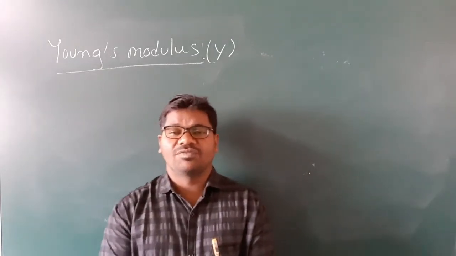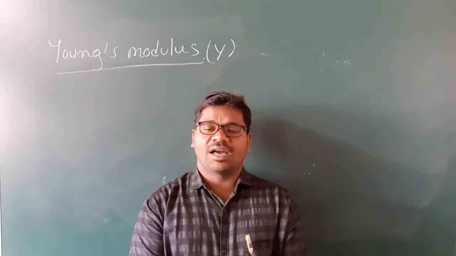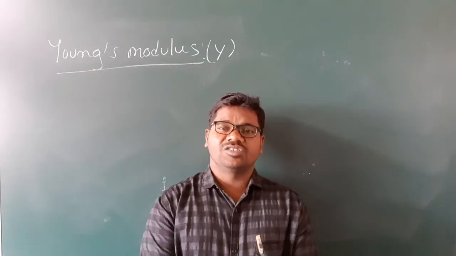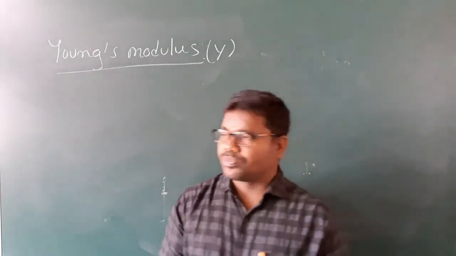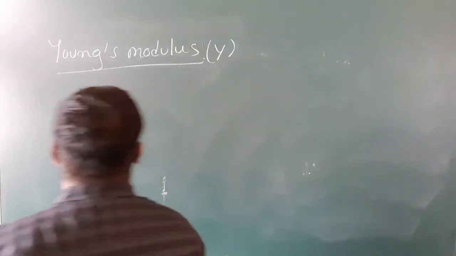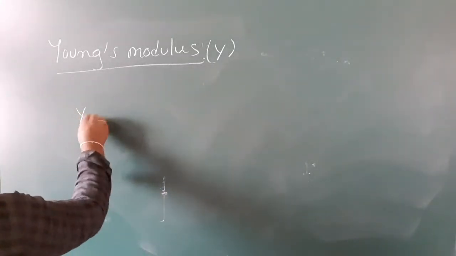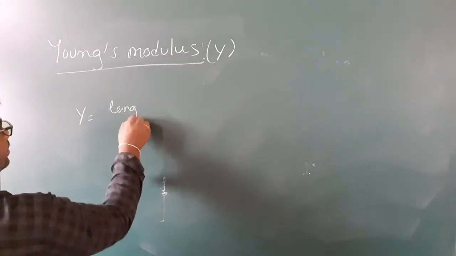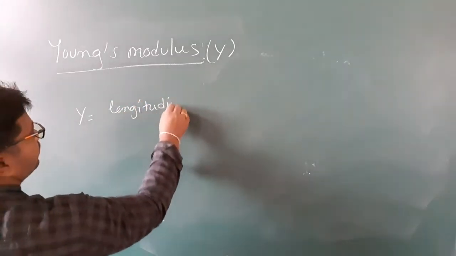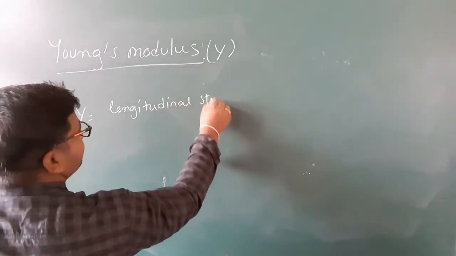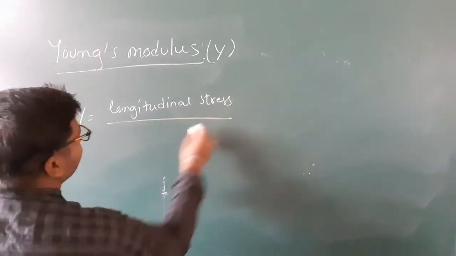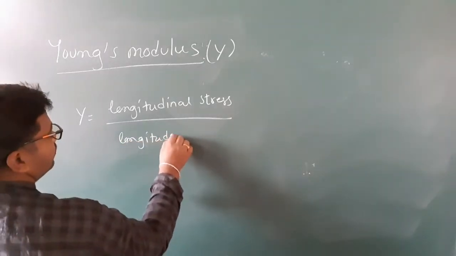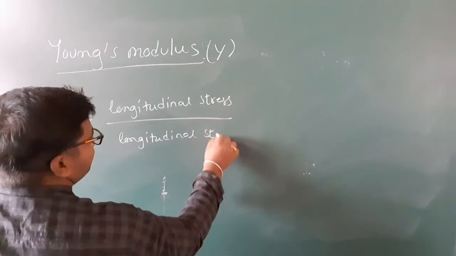Based on that, we find stress and strain. Already we recall longitudinal stress and longitudinal strain. So Young's modulus, denoted by Y, is equal to longitudinal stress divided by longitudinal strain.